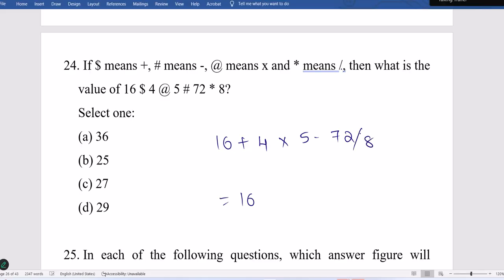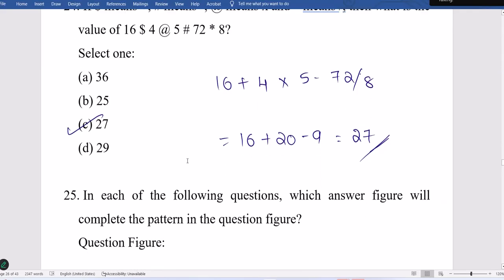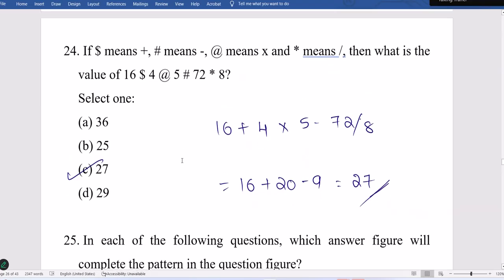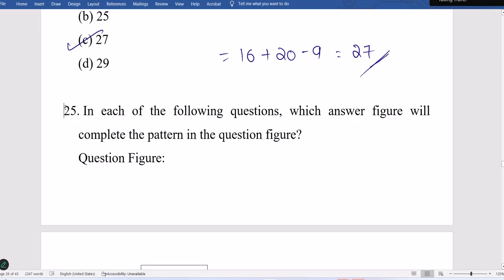Now this is 16 plus 20 minus 9, which is 27. Right, so mathematical operations related version, good. Now let's focus on the next one.